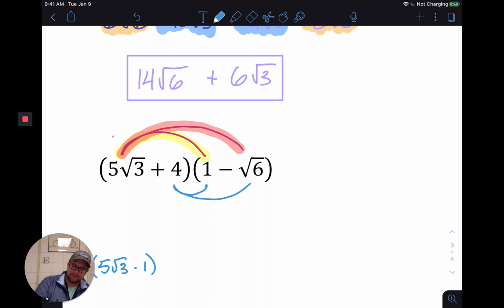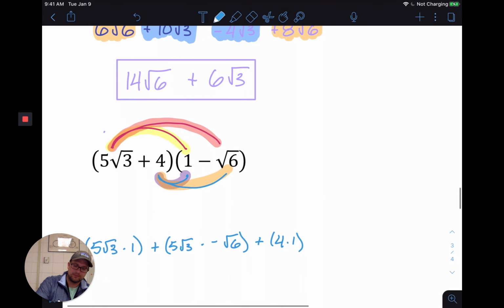So we would have 5 square roots of 3 times a negative square root of 6. Our third multiplication would be just 4 times 1. And our last multiplication would be 4 times a negative square root of 6.